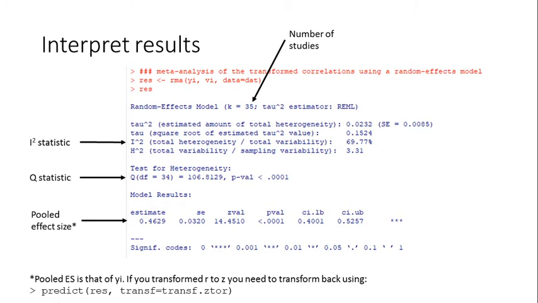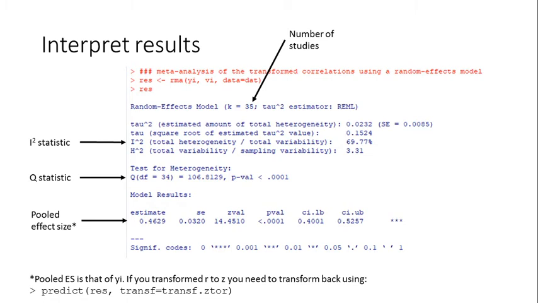You've got your I squared, which in this case was fairly high, 69.77%, so there's a lot of heterogeneity in the studies that went into that. And Q is high as well, it's really significant. So that tells us you might want to investigate that heterogeneity between studies and see what moderators of effect size might be associated with the variation.